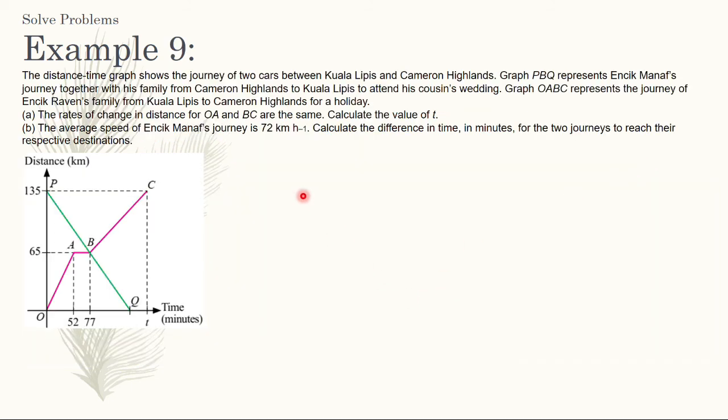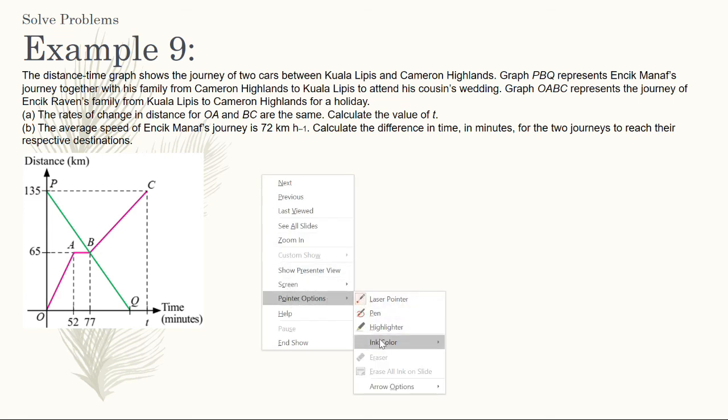Then we look at the next example here, example 9. The distance time graph shows the journey of two cars between Kuala Lipis and Cameron Highlands. Graph PBQ, the green color one, represents Encik Manaf's journey together with his family from Cameron Highland to Kuala Lipis to attend his cousin's wedding. So from Cameron Highland to Kuala Lipis, I can indicate like this so that you can understand better.